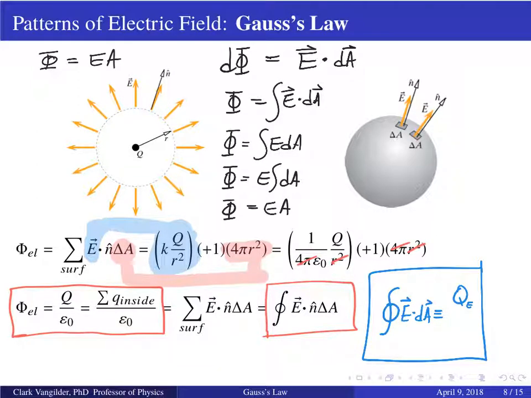I'm going to have to move my box around here. Charge enclosed over epsilon naught. So that's, I guess, the shortest, sweetest version of Gauss's law. And of course, the way that I can write that integral ultimately is just EA.